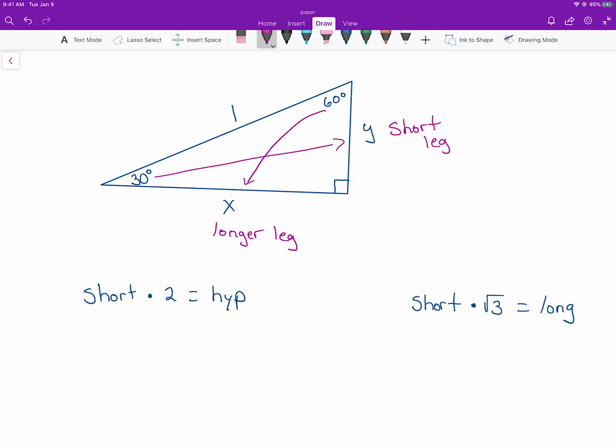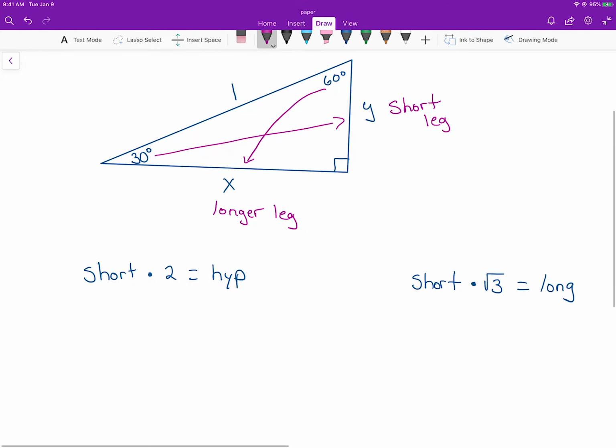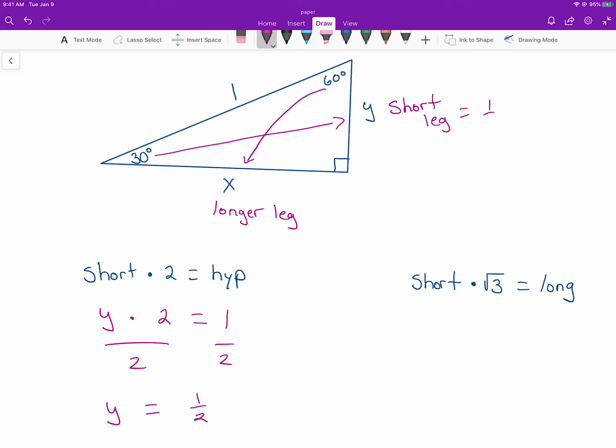So now I can use substitution like we did before, and I know the shortest leg will be y times 2, and that's equaling 1. So if I solve, I will divide by 2, and y will equal 1/2. So our shortest leg of this triangle is 1/2. That's our y value.